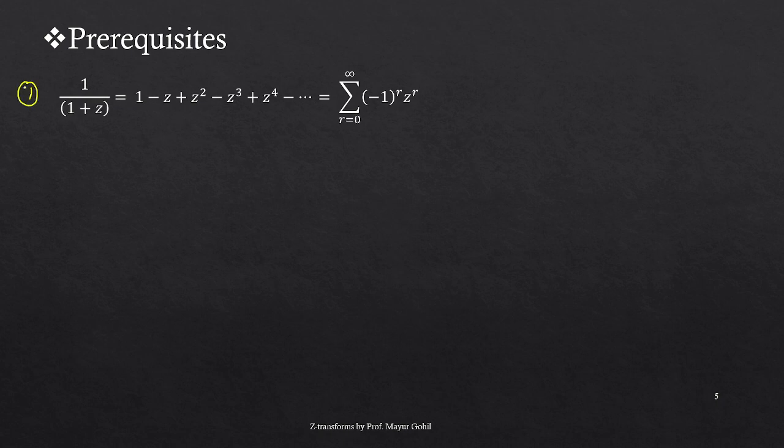Now this expansion is 1 minus z plus z square minus z cube plus z raised to 4 minus and so on. What is very important to note over here is that the expansion has alternating minus plus sign. If we just ignore the first term, there is a plus sign, then it is minus plus minus plus all throughout.